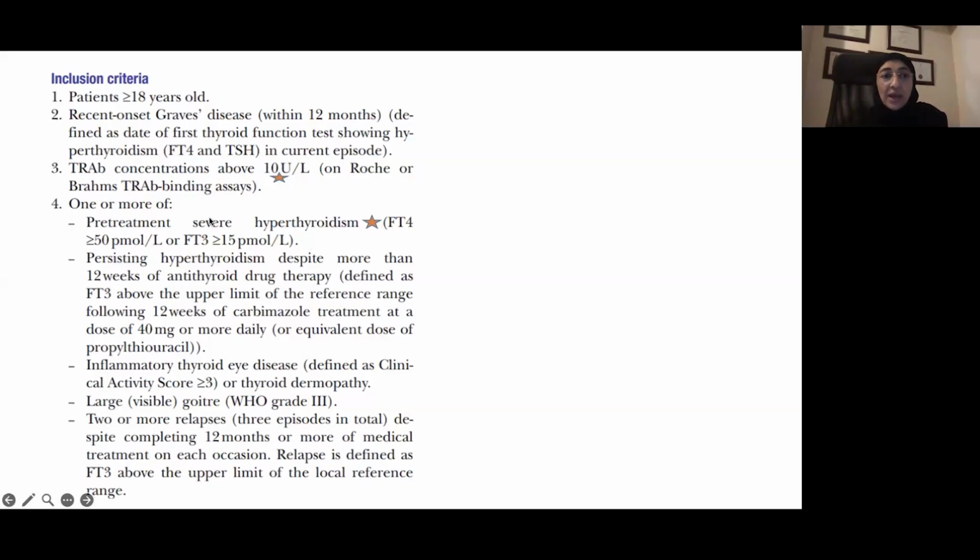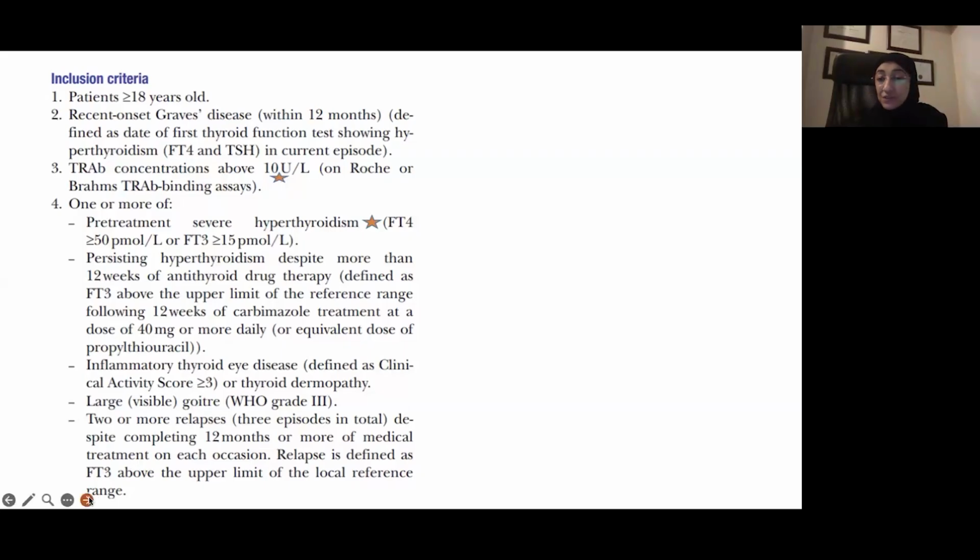And one of the below: high free hormones, high free T3, high free T4, or persisting hyperthyroidism despite being on thionamide for more than 12 weeks, or inflammatory eye disease, thyroid eye disease with a CAS score of more than 3, or 2 relapses within the last 12 months.